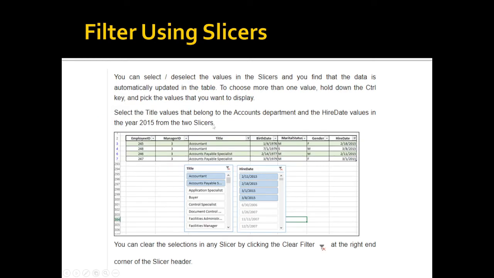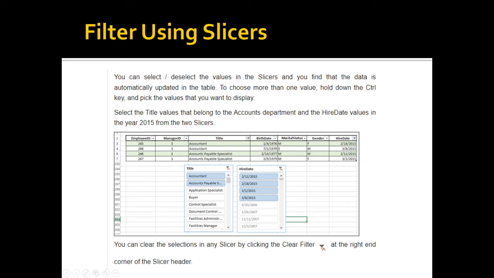You can select or deselect the values in the slicers, and you find that the data is automatically updated in the table. To choose more than one value, hold down the Control key and pick the values that you want to display. Select the title values that belong to the Accounts department and the hire date values in the year 2015 from the two slicers.